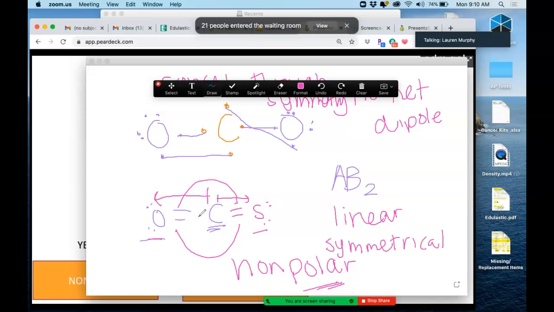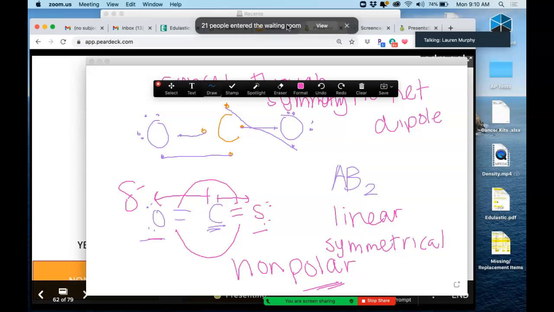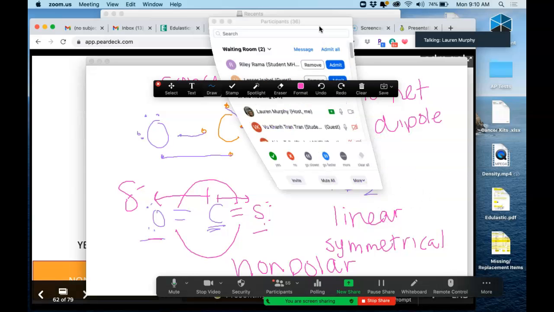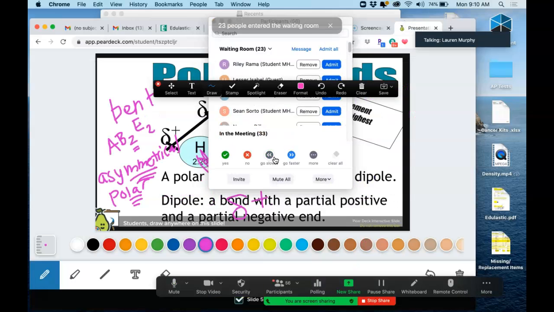So while this is a symmetrical shape, the oxygen is going to win this tug of war, making the symmetrical shape actually be polar. Okay, so this would be a polar molecule. Electrons would live closer over here because oxygen is a stronger pull on the electrons than sulfur is. So sometimes symmetrical shapes can be polar, is what I'm trying to emphasize.